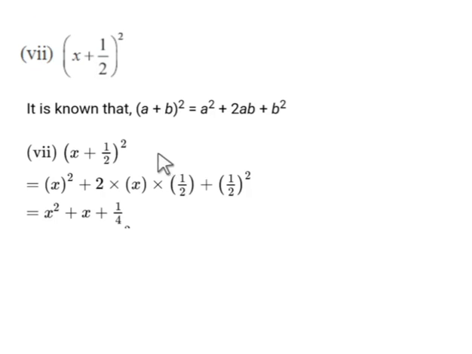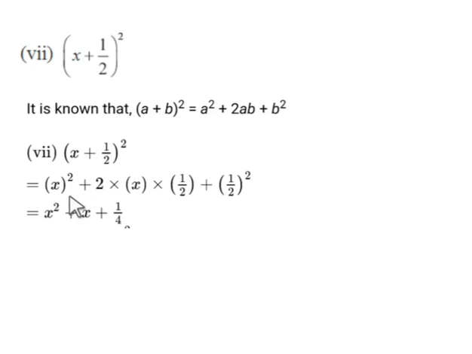Now seventh example, (x plus 1 upon 2) whole square. It is of the form (a plus b) whole square. That is, we will use the formula (a plus b) whole square is equal to a square plus 2ab plus b square. Now here a is x and b is 1 upon 2.